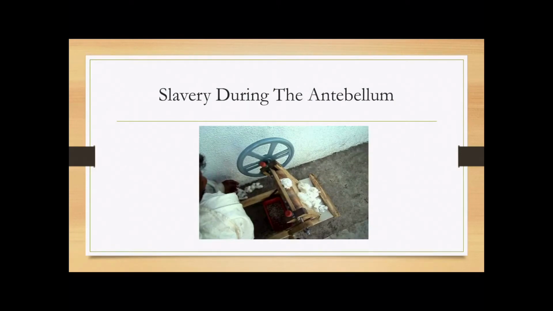Eli Whitney's invention of the cotton gin gave slavery a new chapter. Between 1792, when Whitney invented the cotton gin, and 1794, the price of slaves doubled.